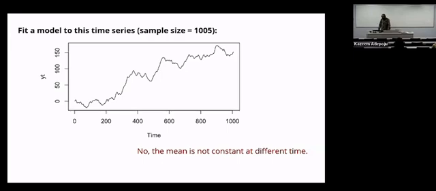If you really want to know graphically whether your time series data has a violation of stationarity, you can construct a time series plot that we call a time plot.